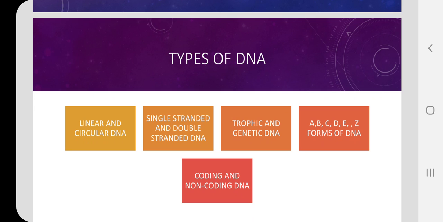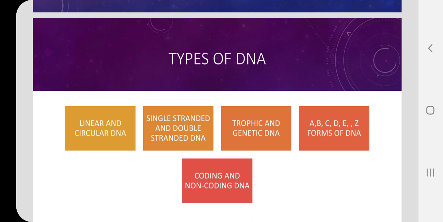Non-coding DNA does not form a functional product, whereas coding DNA sequences code for proteins, RNAs and histones. And A, B, C, D, E and Z are different forms of DNA, categorized on the basis of number of base pairs and coiling, which we are not going to discuss in detail here.